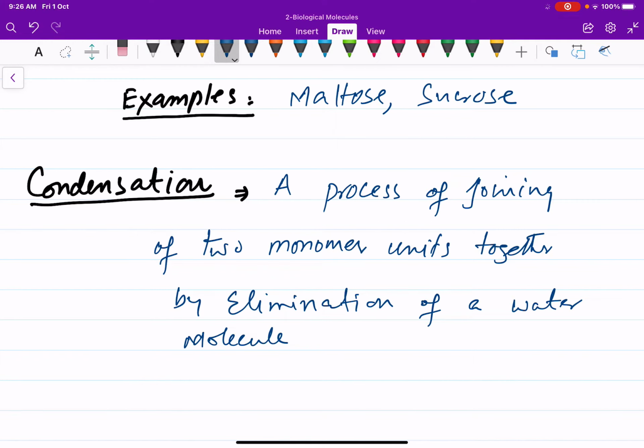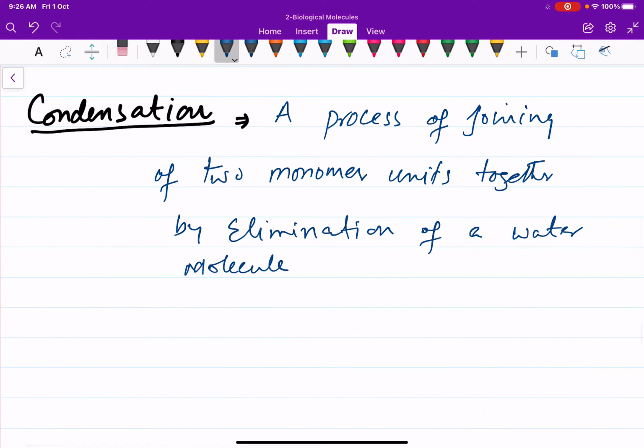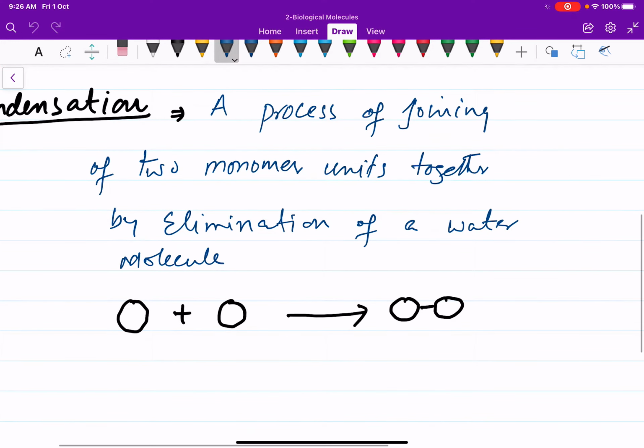For example, if it is an A monomer unit and we have a B monomer unit, and they join together, they make maybe a dimer or maybe a disaccharide. If these are the two sugar units, plus a water molecule will be formed.